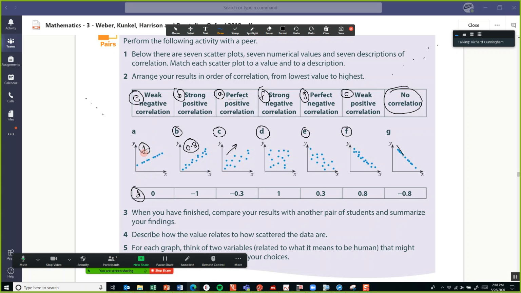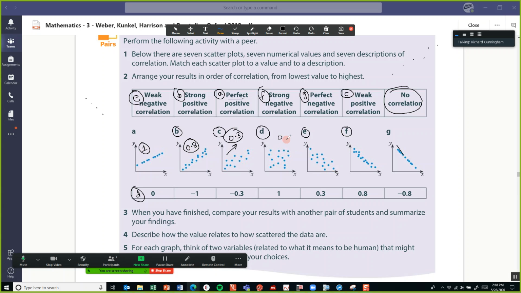It's in a perfect straight line and it's positive. B is strong positive, so it's 0.8 and it's still positive. Which one of these numbers do you think C would be? 0.3, that makes sense because it's positive, but it's not as strong as these other two.